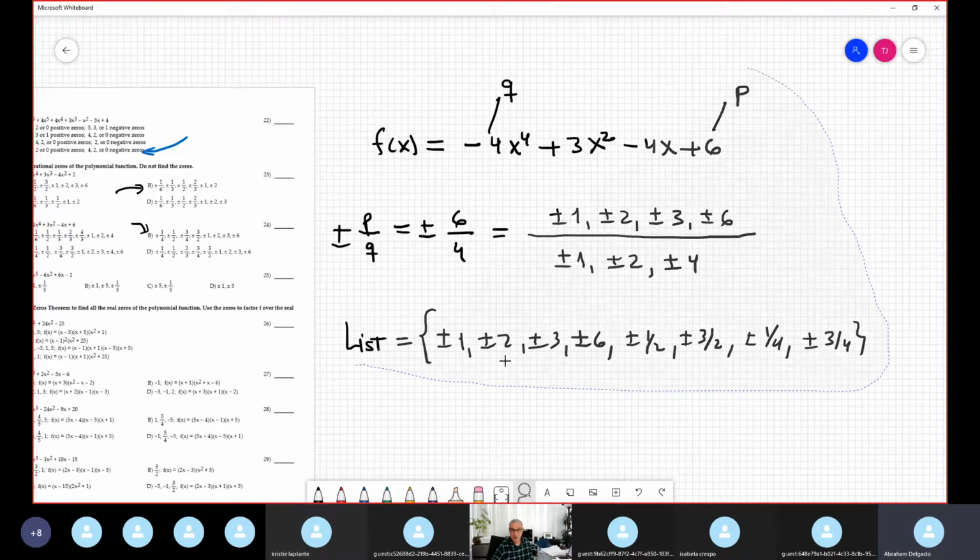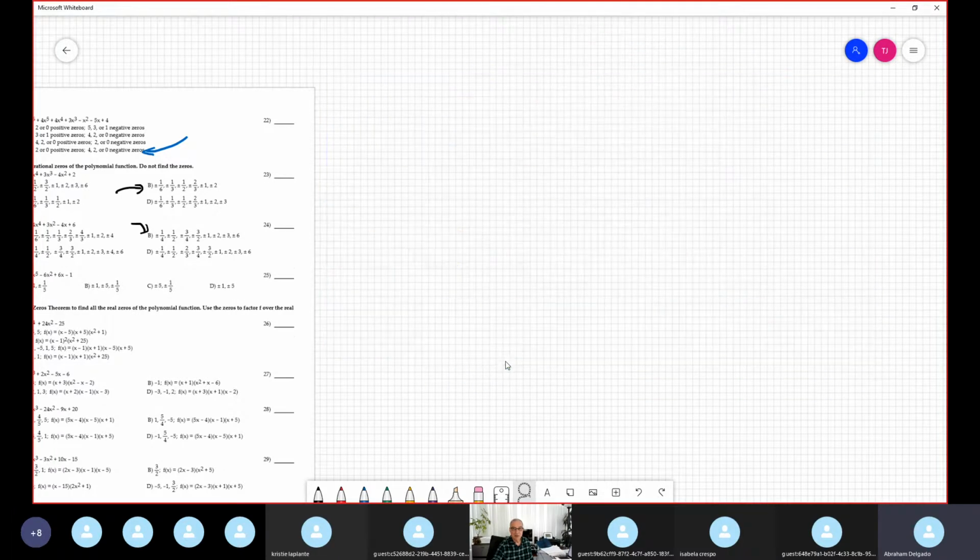The name of this is the rational zeros theorem. Unfortunately, the theorem doesn't guarantee that this is true.